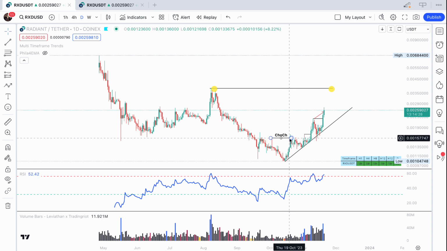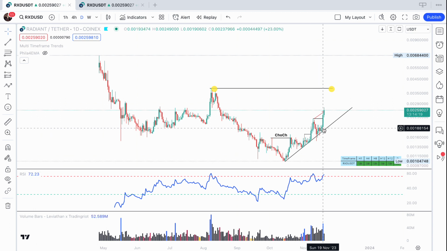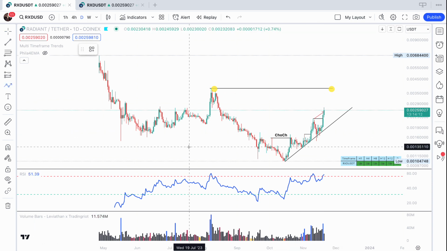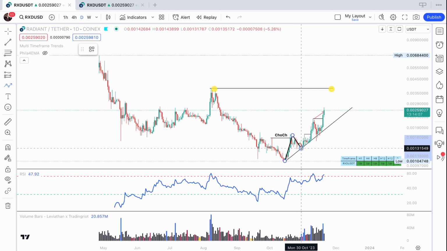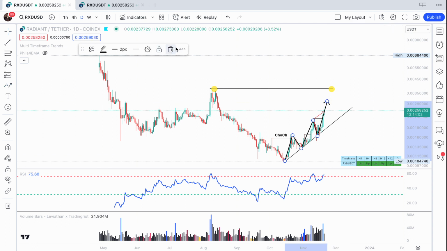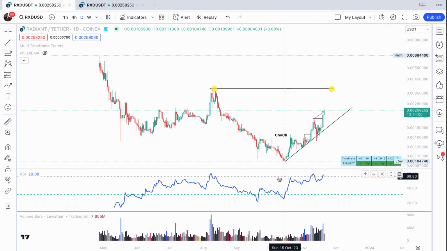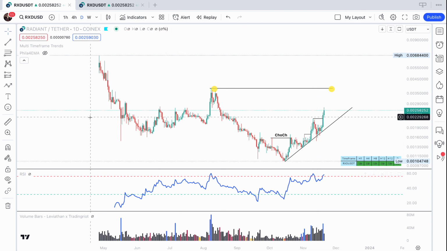So a bullish change of character is the first good sign. Second, you can see that we have a break of structure on November 8th and another break of structure on November 19th. All are good signs because this coin made a high, lower high, higher high, lower high, and now it is in the process of making a lower high. So on the daily time frame, this coin is bullish and it is good.